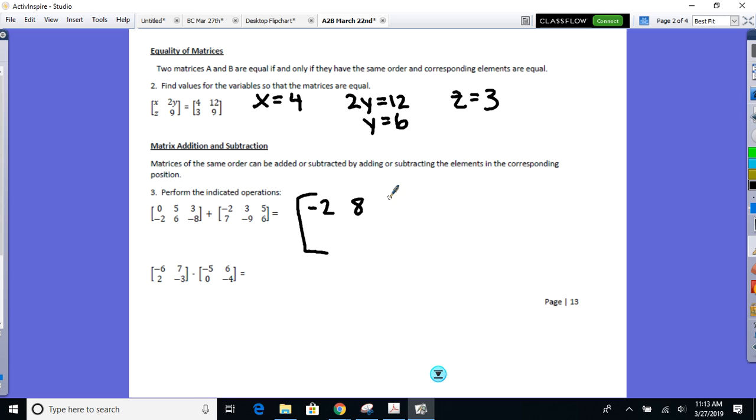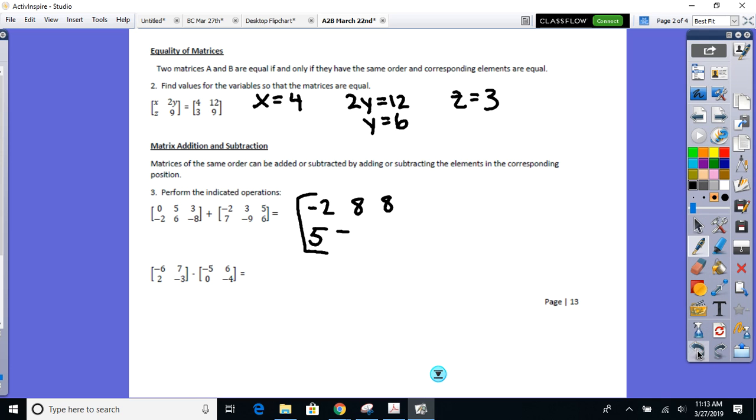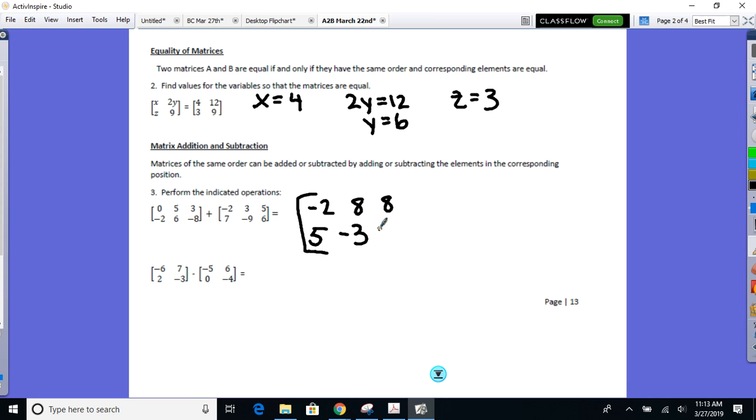This is not a big deal. Negative 2 plus 7, 5. 6 plus negative 9. Oh, why did I write negative 9 again? 1. Okay, but I got it. Negative 8 plus 6, negative 2. So there's my new matrix.